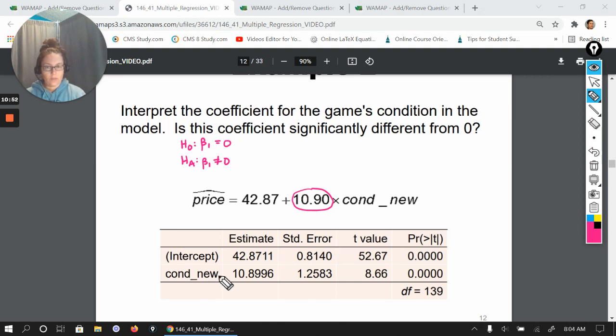If you look at the second row here, the slope row, the beta 1 row, we can see that the p-value is pretty much 0. It's rounded to 0 anyway. Because this is less than 0.05, we would reject the null hypothesis. So this means that there is strong evidence that you will pay more for a new game than a used game.